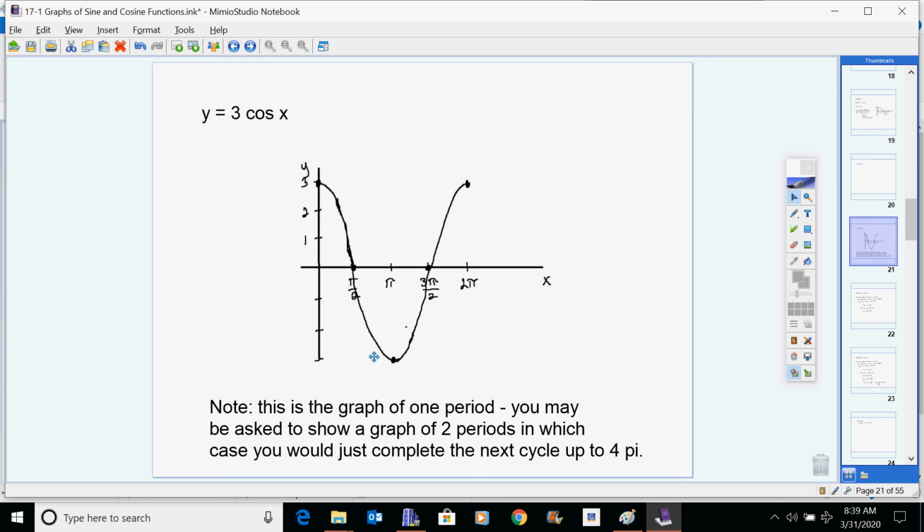But our up and our down has changed because we now have a multiplier. You have a 3 as your amplitude, we call that. In other words, how high or how low it goes. So make sure you get your mind around that. The only thing that changed is it stretched up and it stretched down.